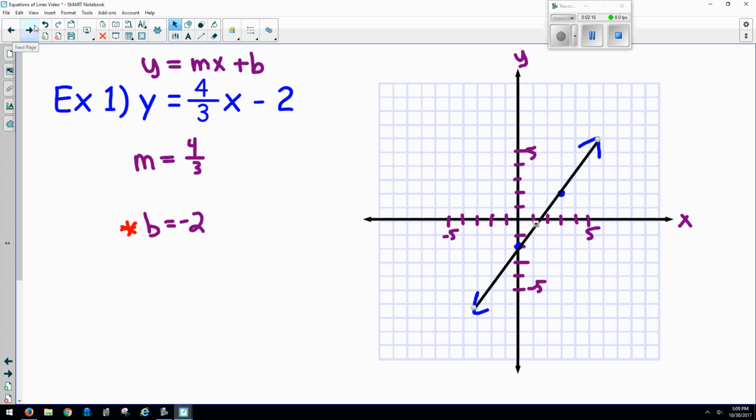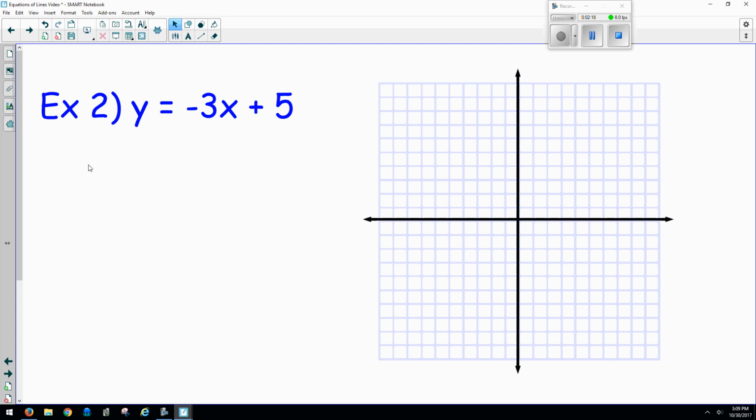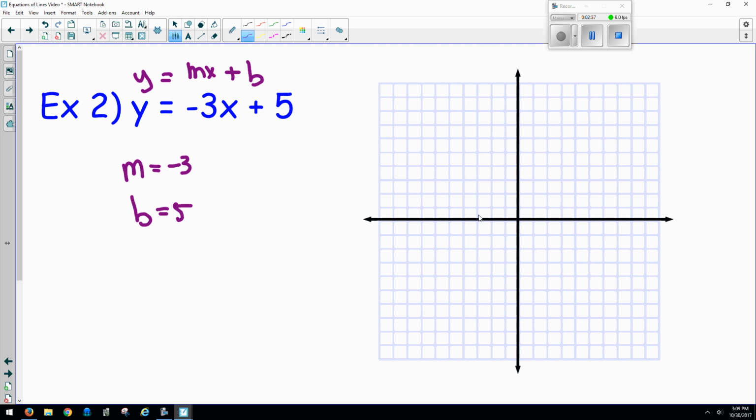Let's look at another example. So here we have the same thing. We have y equals mx plus b, where m is -3 and b is 5. So go ahead and label your x and y axis.